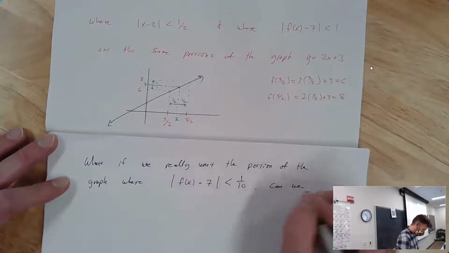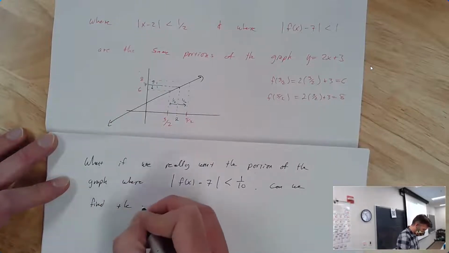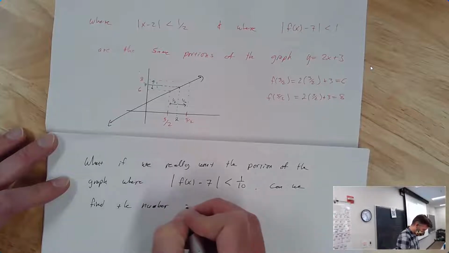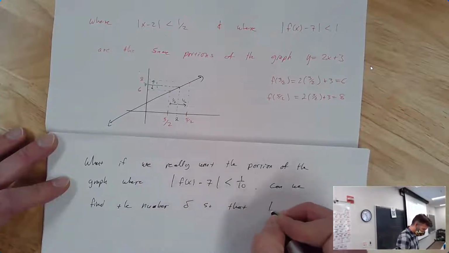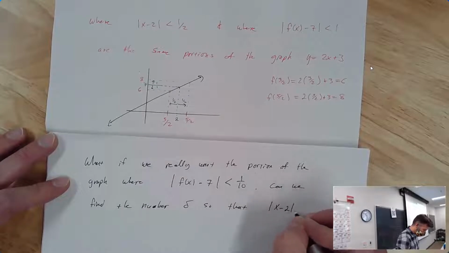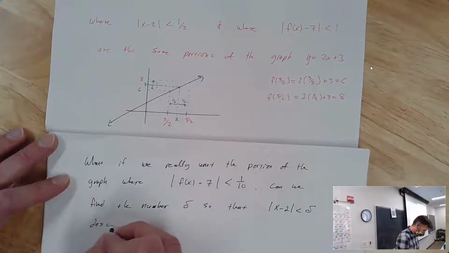Can we find the number, and we're going to call it delta, so that the absolute value of x minus 2 less than delta describes the same portion?